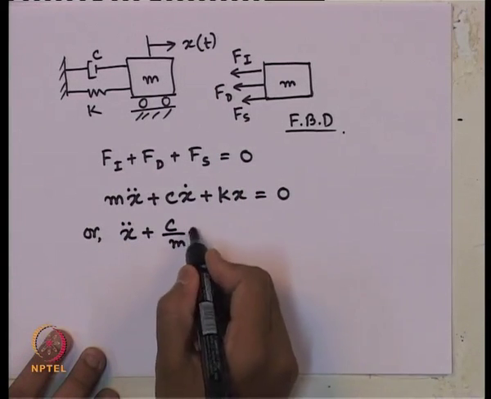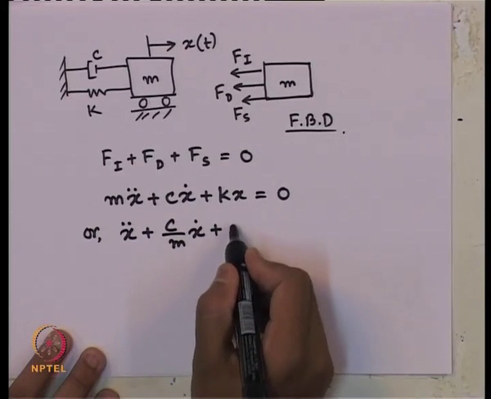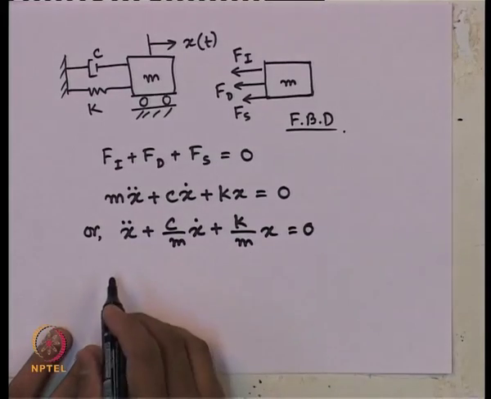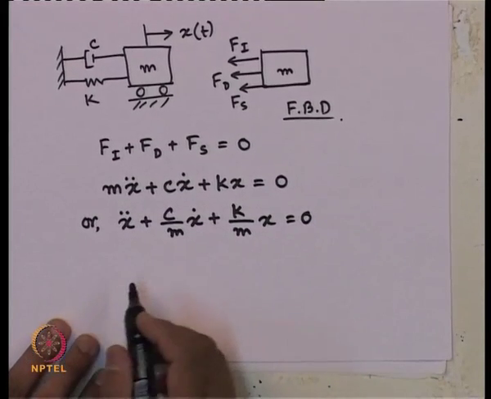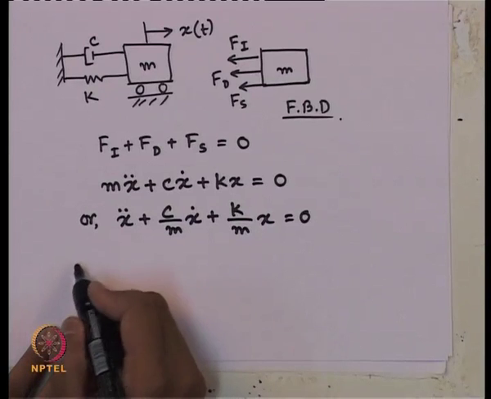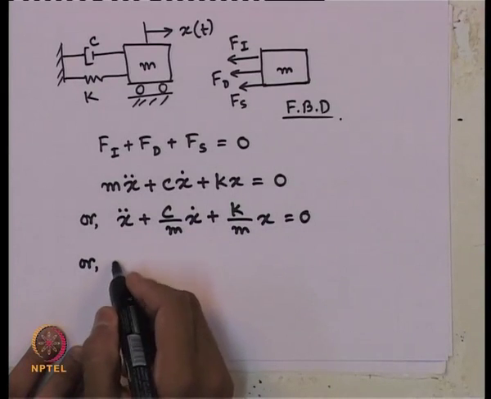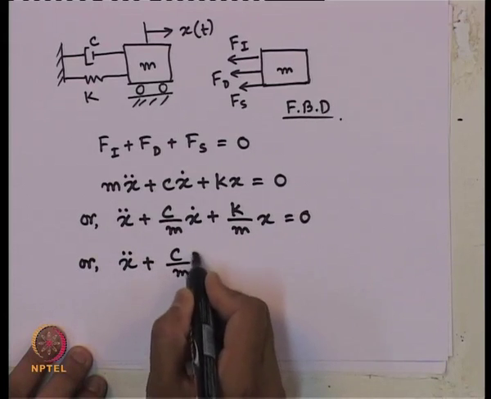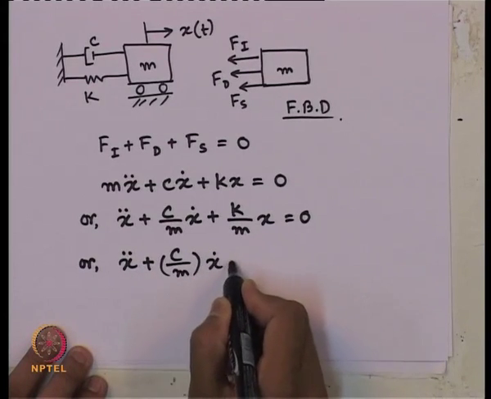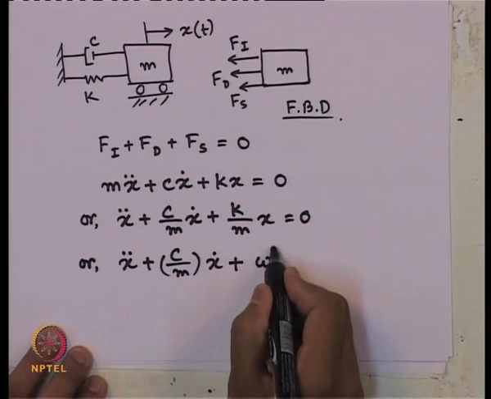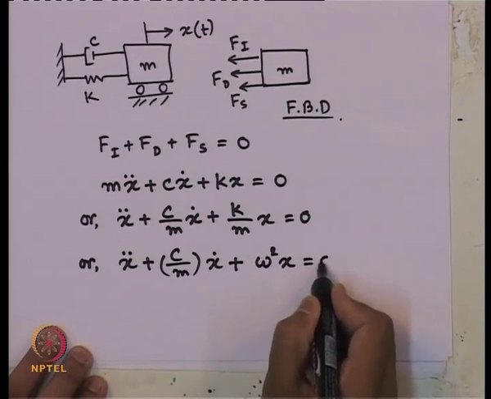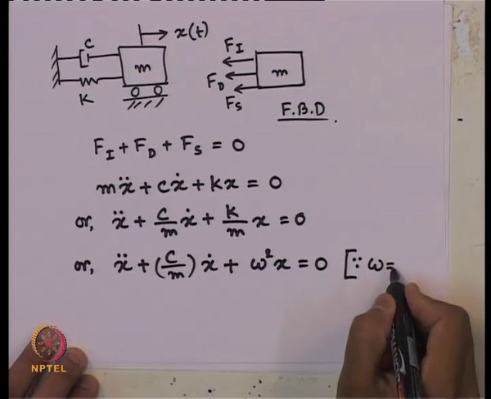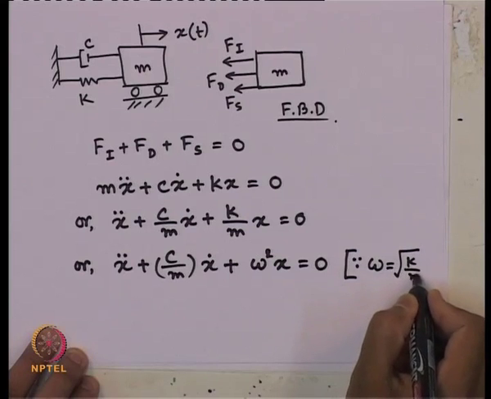Let us divide both the sides of the expression by m, which we can write like this: x double dot plus c by m x dot plus omega square x equals to 0, because we know omega equals to root over k by m is the natural frequency.